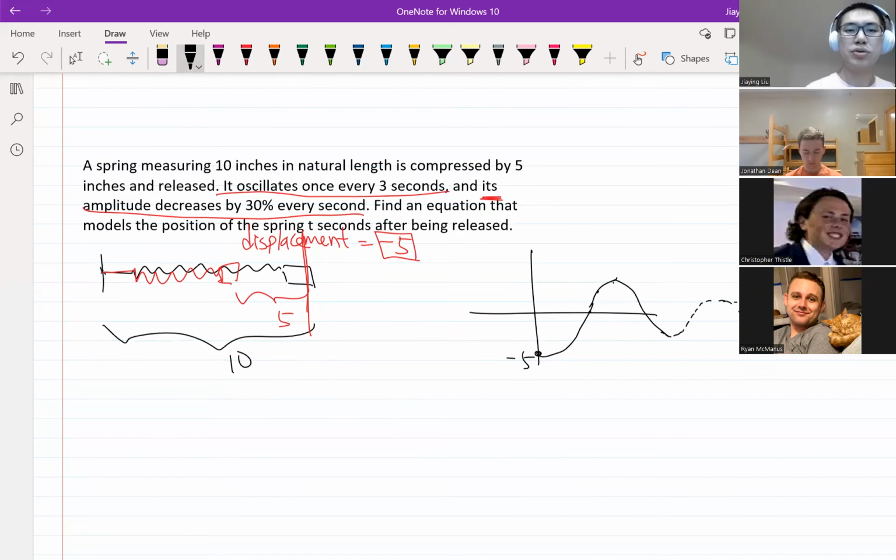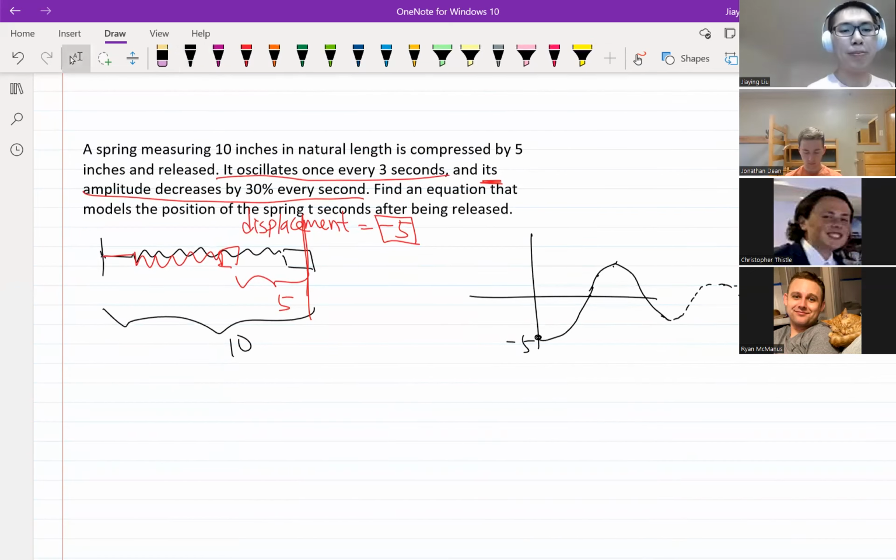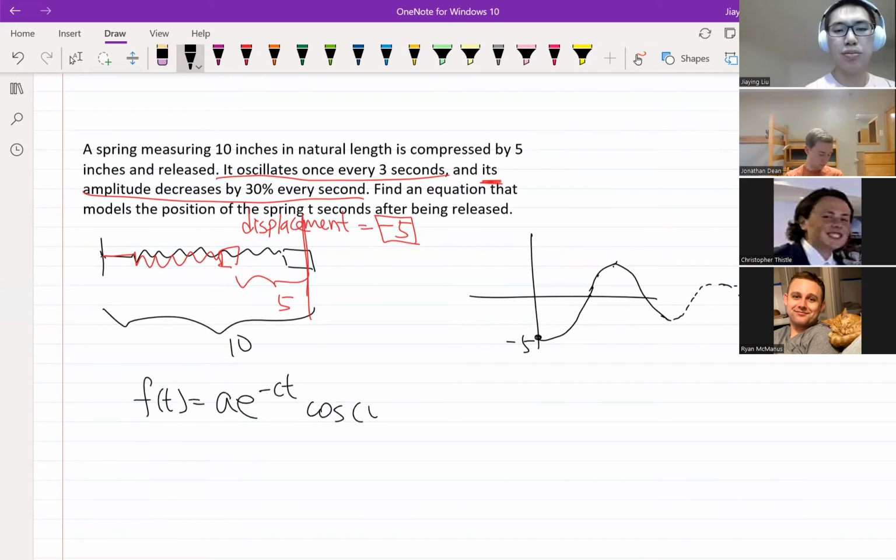So let's take this one at a time. For the general formula, I'm going to use a cosine here. So f of t equals a e to the -ct cosine omega t. First of all, we need to know what a is. a is the initial displacement. Because it begins with -5, the absolute value of a is the initial displacement.